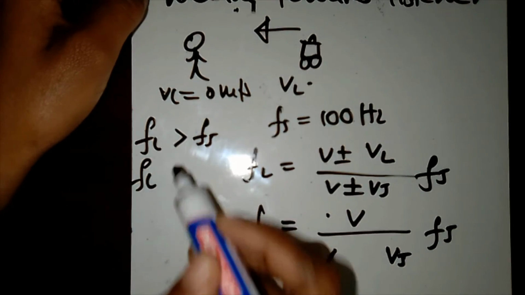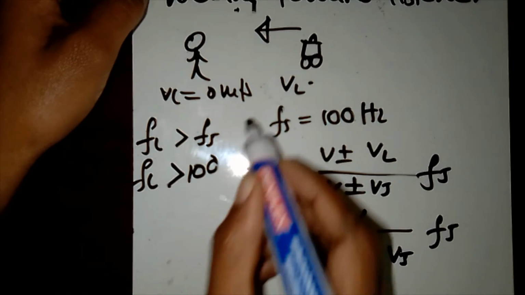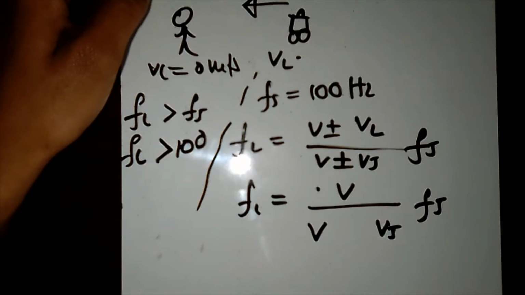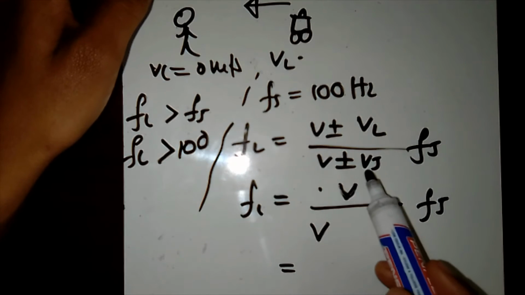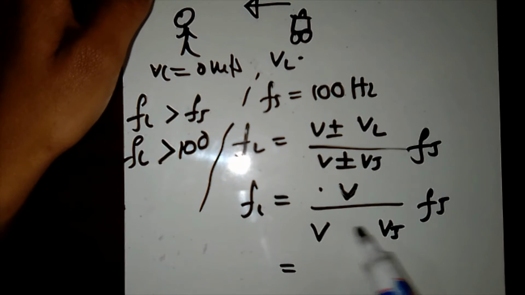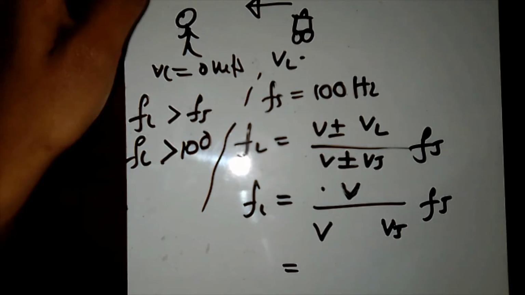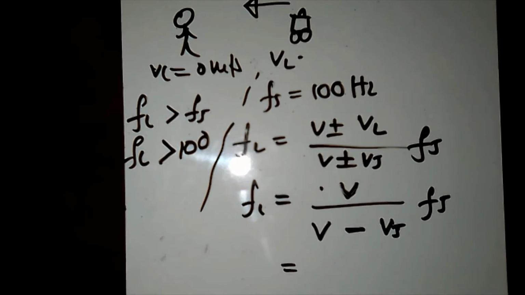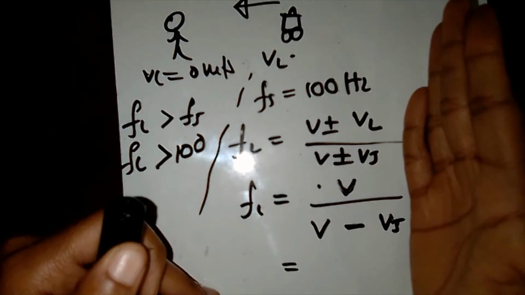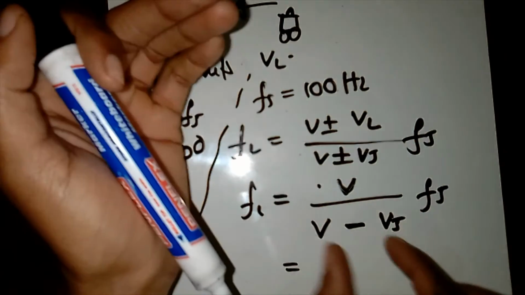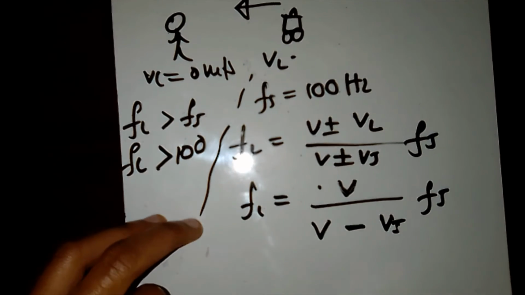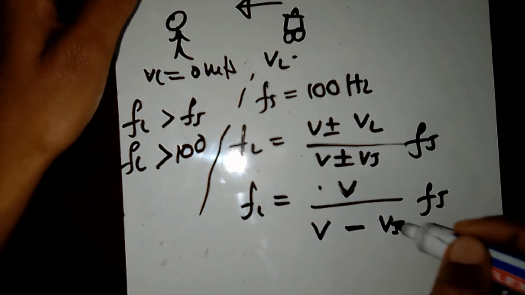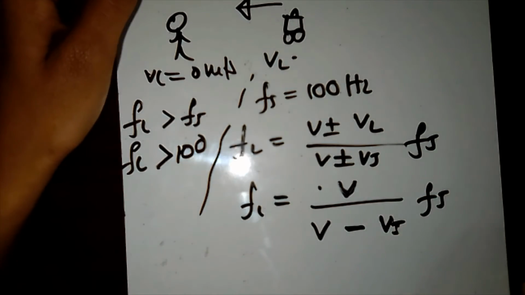This means FL will be greater than 100, right? For that, the value on the numerator must be greater, so we must divide by a lesser number. Here we would have a minus to make the denominator lesser, so we want V minus VS to be lesser than V, right?